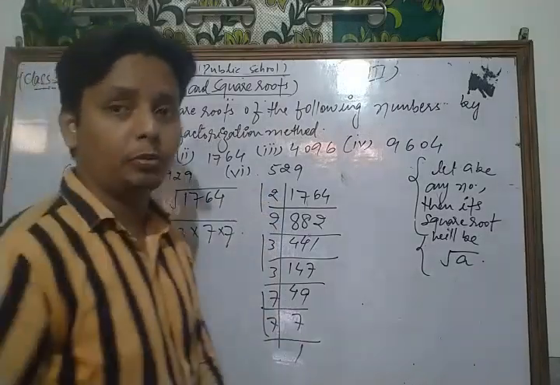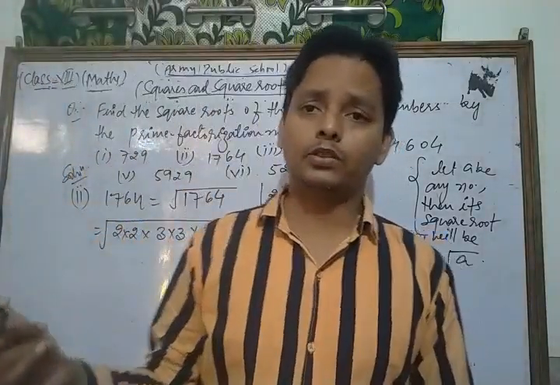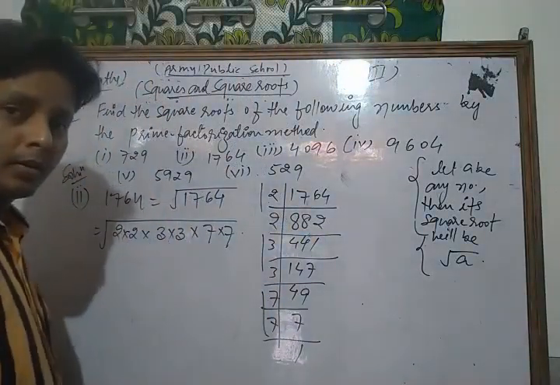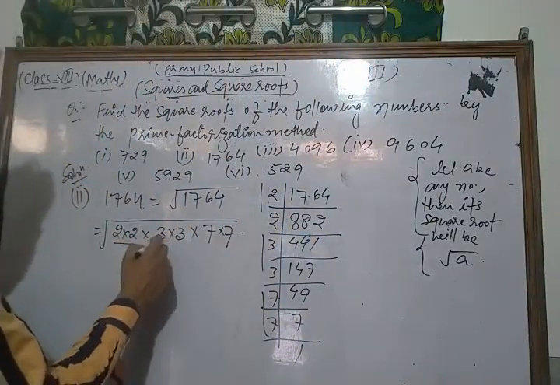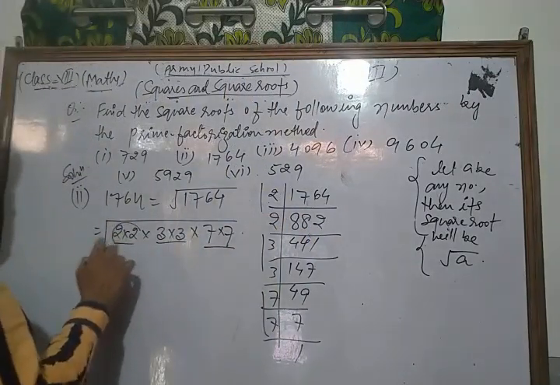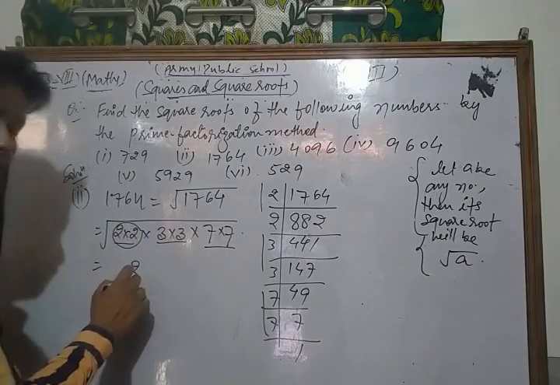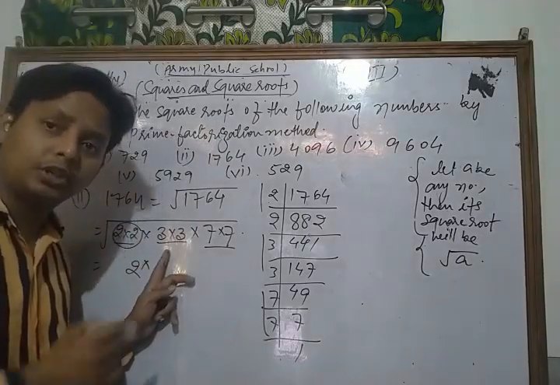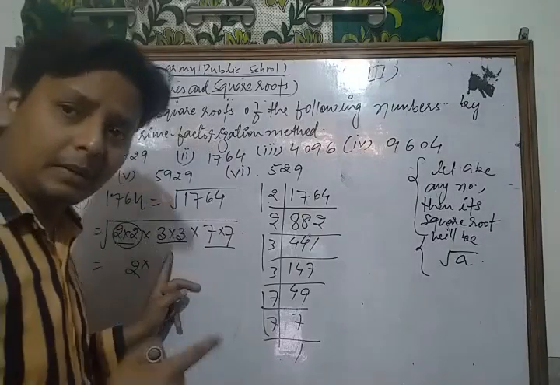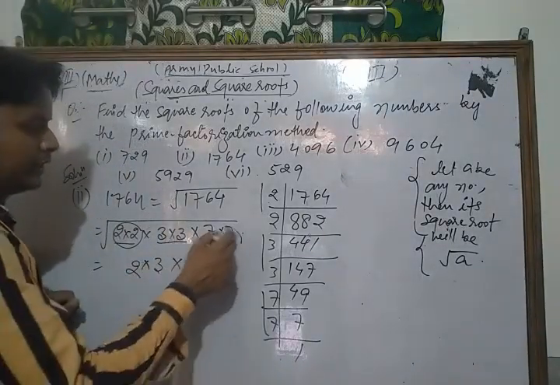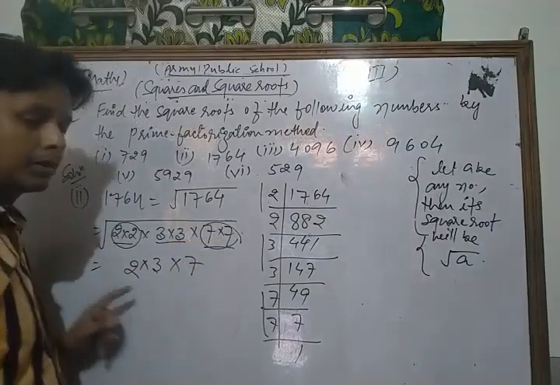We find how many pairs are in the prime factorization, and we take one number from each pair out of the surd. Here 2 is in a pair, so 2 comes out from under the root, and similarly 3 is also in a pair, so 3 comes out, and 7 is also in a pair, so 7 comes out from the surd.